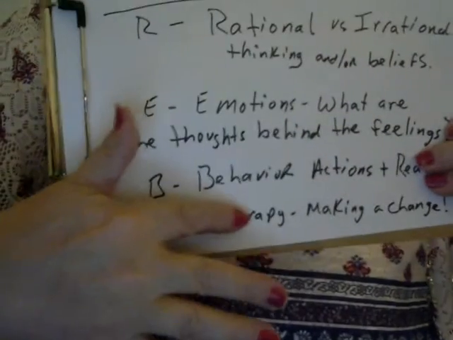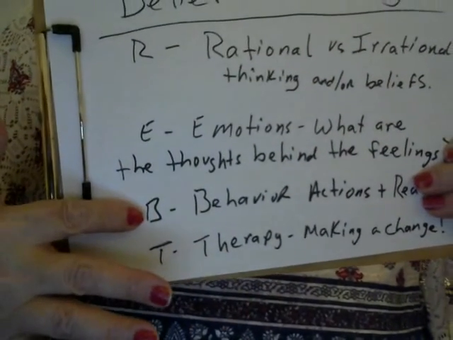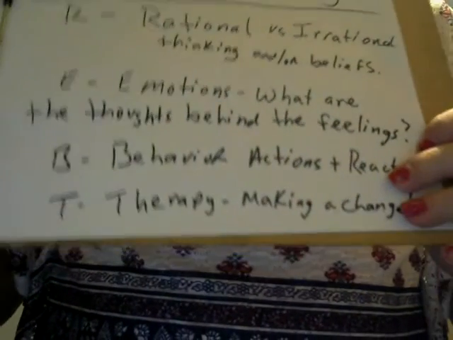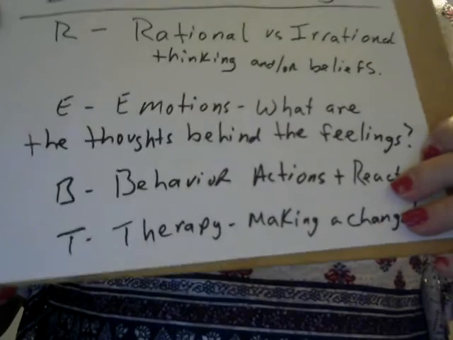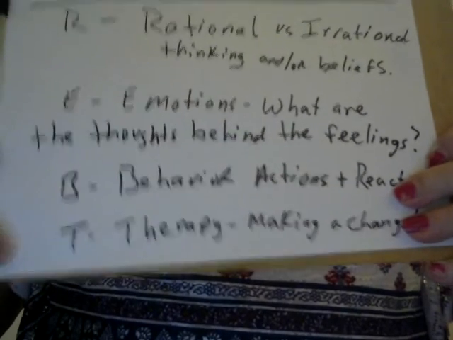Okay? The last thing on this list is therapy, making a change, which is what we just talked about. It's important that when you set out in a counseling process with your counselor, that you create some kind of goals and objectives for yourself.